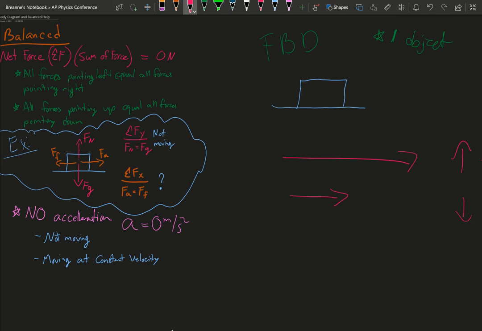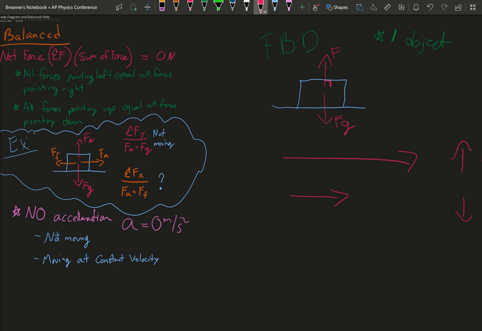The arrow part, where it points, is just telling the direction the force is going. So gravity always points down. So force of gravity should always be pointing down. Your force of normal is always perpendicular to the surface. Since the surface is like this, perpendicular means 90 degrees, right?